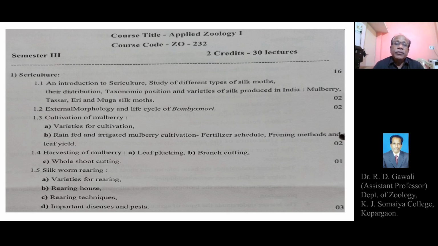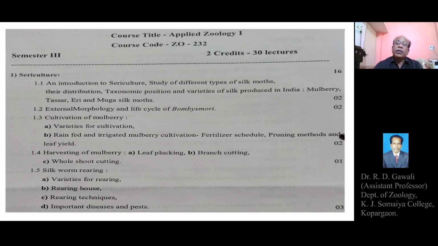So obviously we can take a minimum of 6 generations and harvest cocoons 6 times in a year. And if the planning and management is very good, at a scientific level, then we can take 7 crops also.